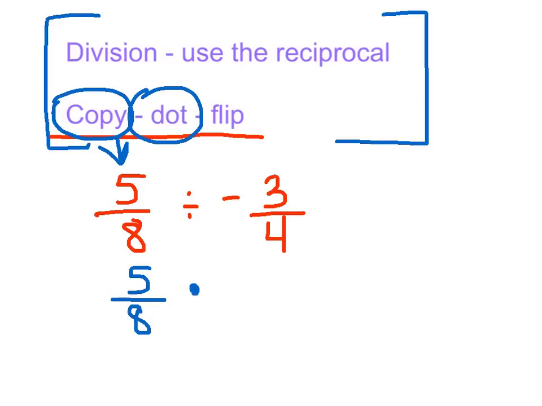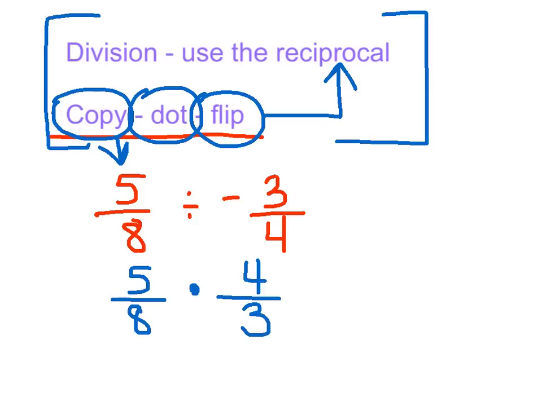The next thing is we're going to flip. Now the mathematical term for this flip is the reciprocal, which means whatever's on the top we put on the bottom, and whatever's on the bottom we put on the top. So instead of 3/4, I'm going to flip it to make it 4/3. Don't forget the negative sign.